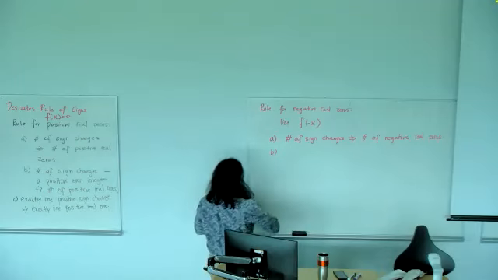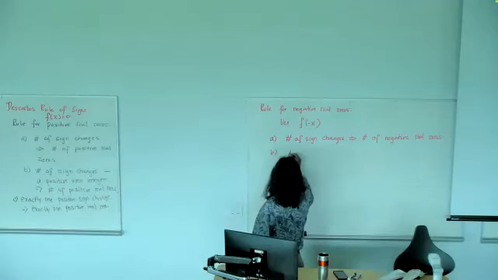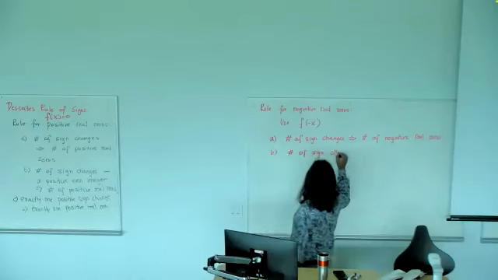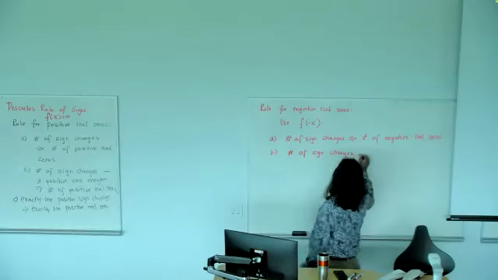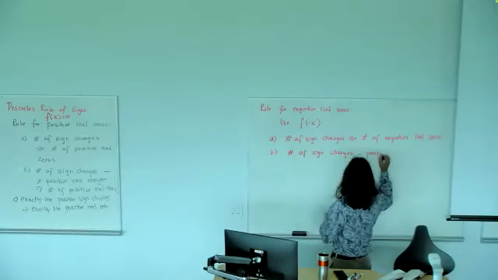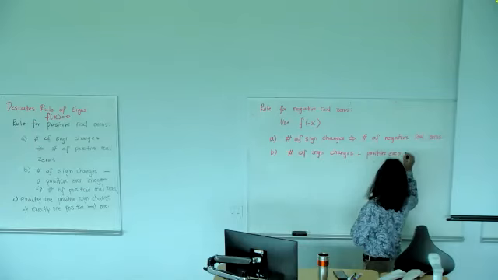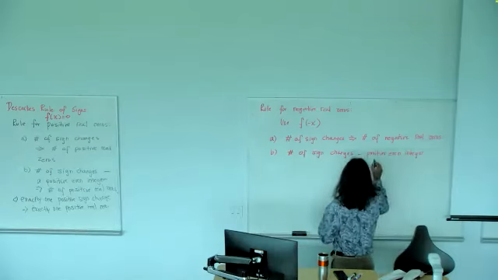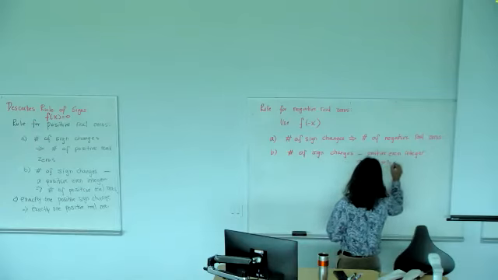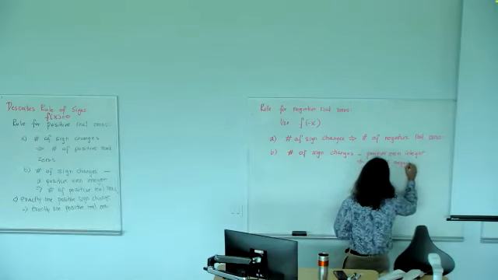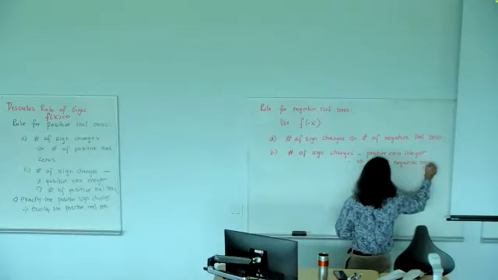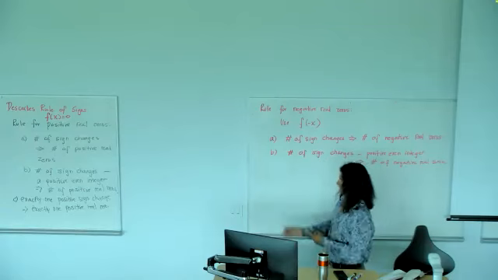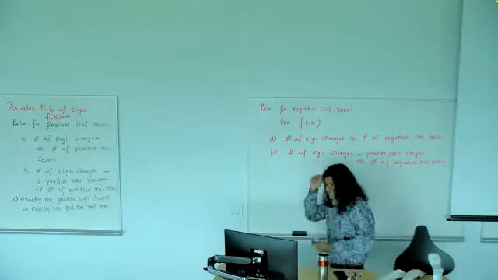So the second pointer is the same. We simply look at the number of sign changes, reduce it by a positive even integer. That will give you the number of negative real zeros. Good.